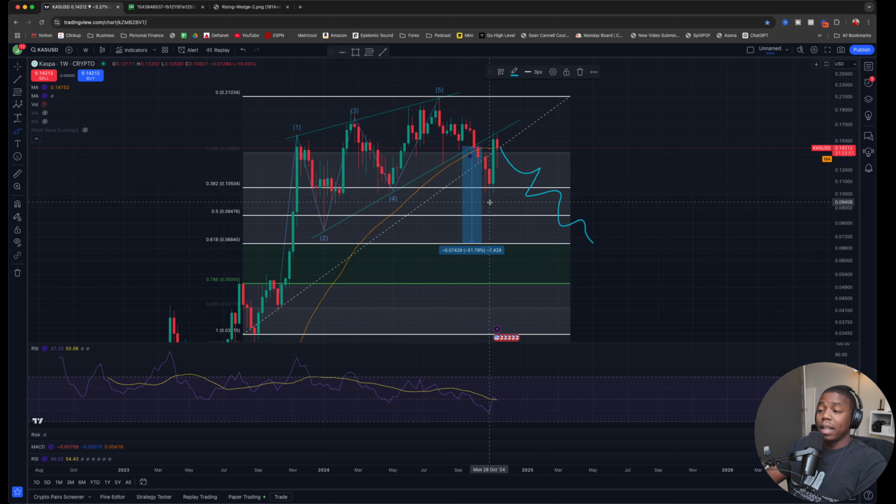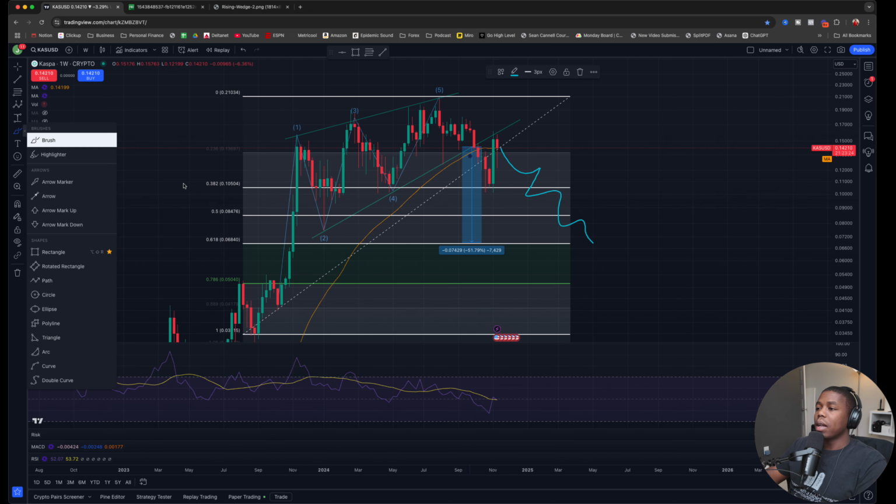And we know, at least what I'm sharing, is that I've seen many times where the breakdown will happen, it'll retest and then continue further. So that's why I believe that we're going to see Kaspa come down somewhere around what would be the 6 cent level. In between 6 and 7 cents is kind of where I'm thinking we could come.